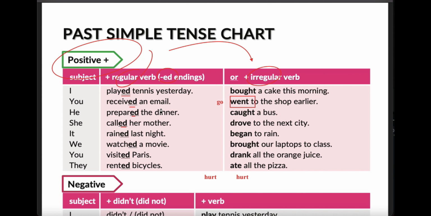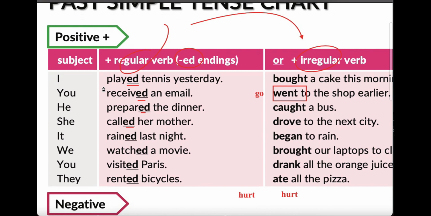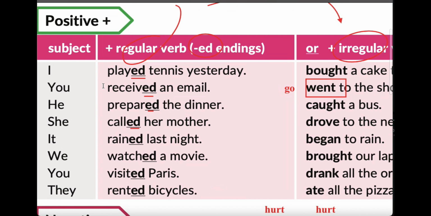But let's go into a very important thing. The regular verbs. They're so easy to conjugate, right? But be careful with the pronunciation because remember, we don't pronounce the E in the regular verbs. We don't.